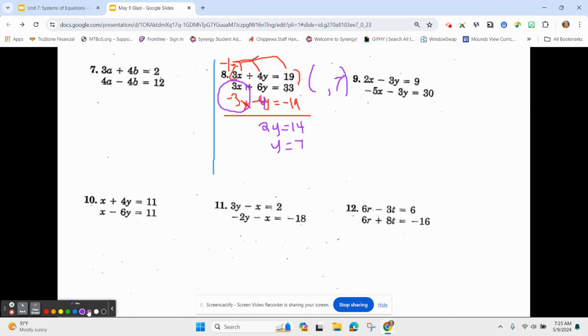So maybe for number 9, you multiply everything times a -1. That way, every sign flips. So it turns into a 5x plus 3y, and this turns into a -30. So what we did is we took this equation and flipped everything.